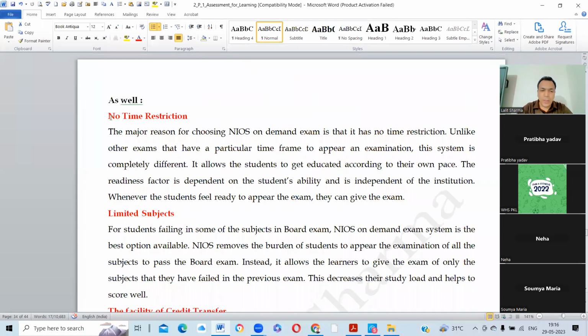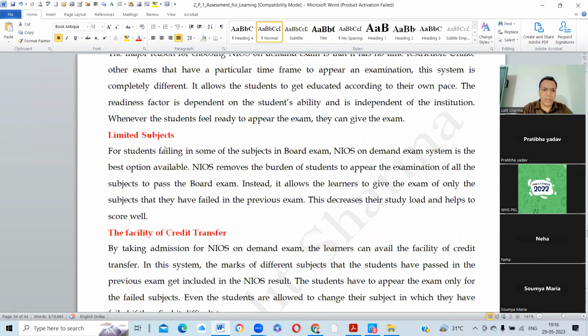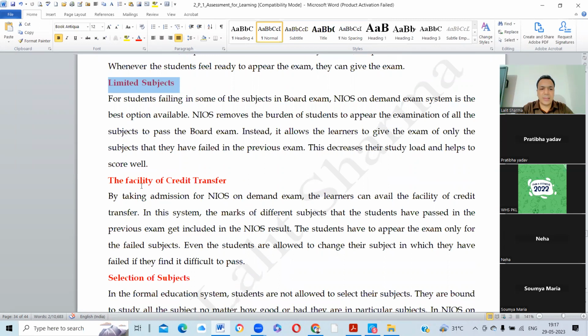There are more points. No time restriction. On-demand examination means there should be no time restriction. A student can give exams anywhere, anytime in the whole year. Limited subjects. The student shouldn't be bound: you have to give the exam of this subject, then you will complete your matriculation. What does it mean? There should be limited subjects.